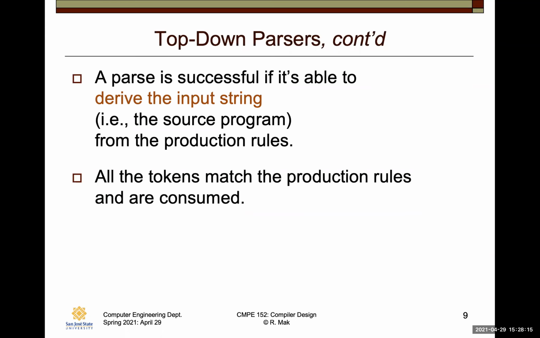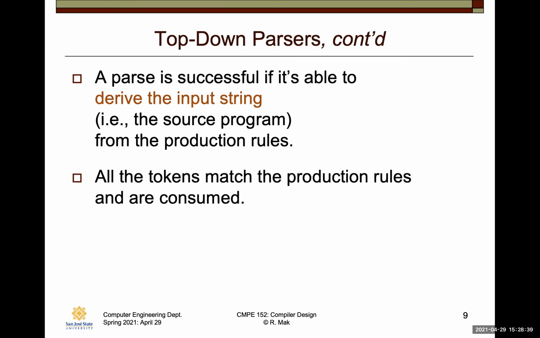Can you go through each rule and say, well, this rule produces this string, et cetera, et cetera. Will you end up with the source program? And if so, then you know that that is a legitimate program according to the grammar rules. It doesn't have syntax errors and so forth.